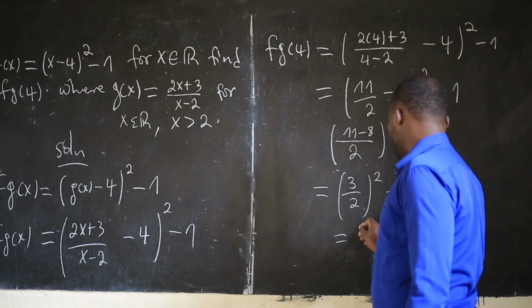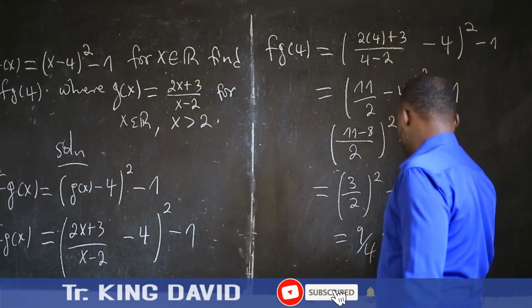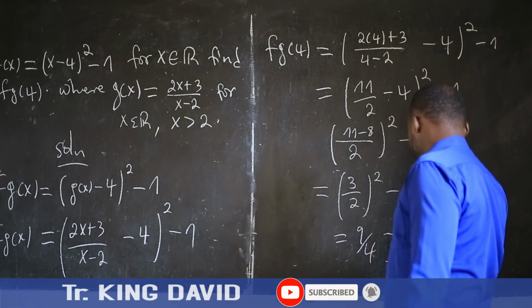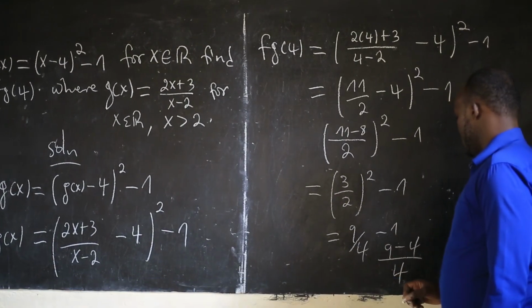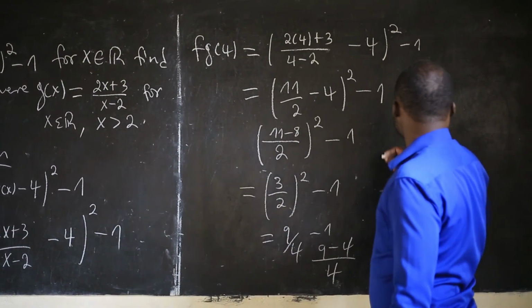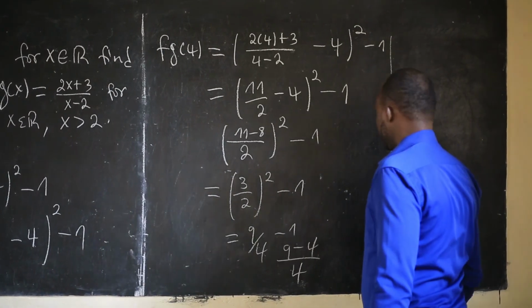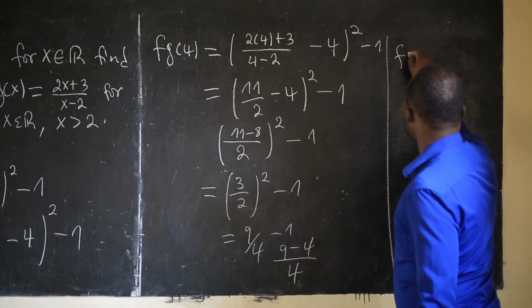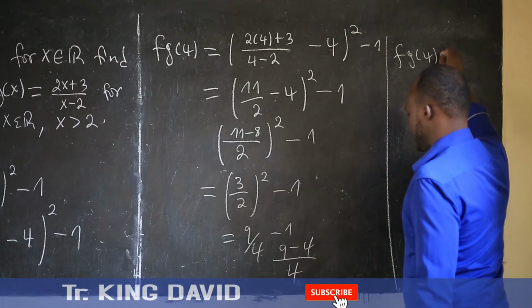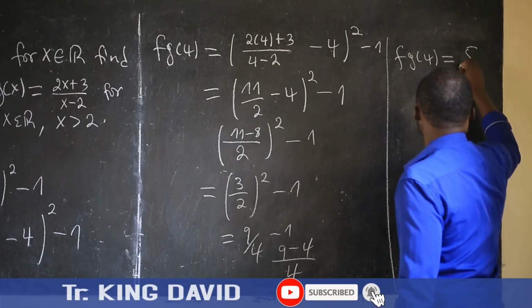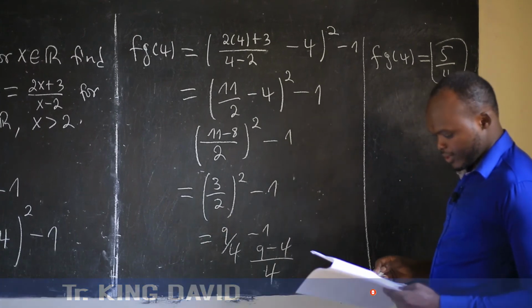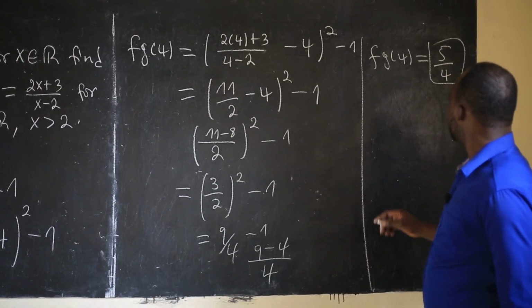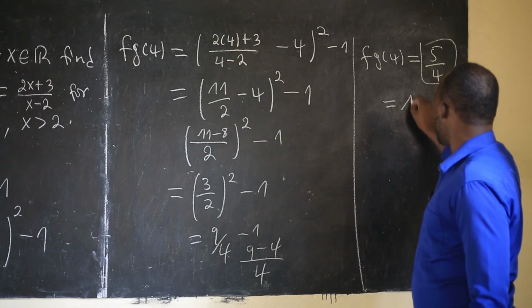Which is 9 over 4 minus 1. LCM is 4. We get 9 minus 4 over 4. So meaning that fg of 4, the answer is 5 over 4. So that's the answer. I hope you don't have any question from there. So this is the same as 1 and 1 over 4.